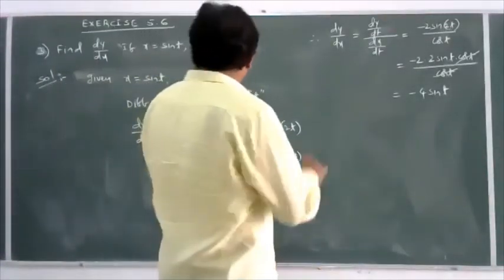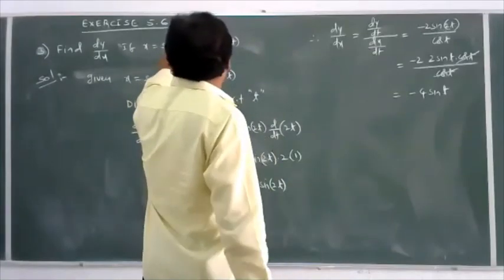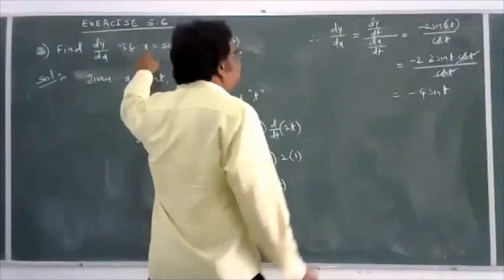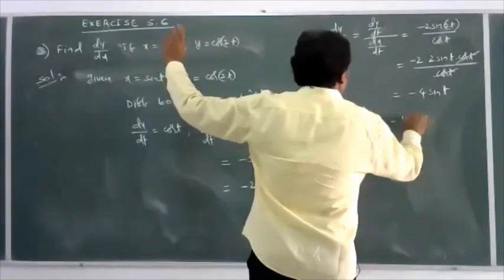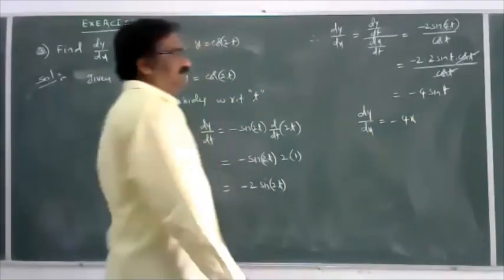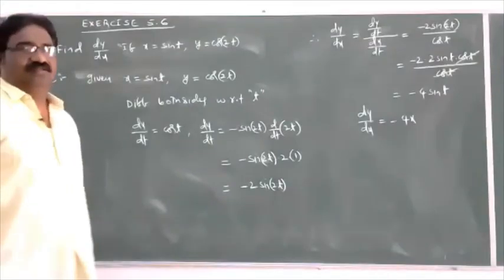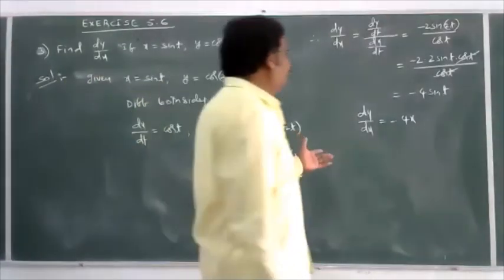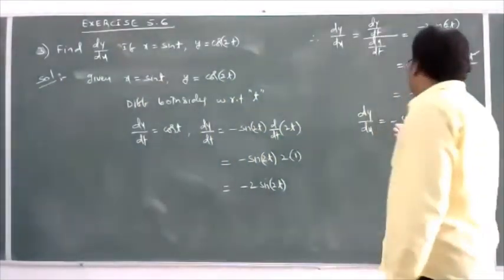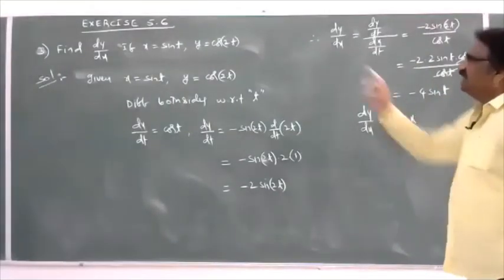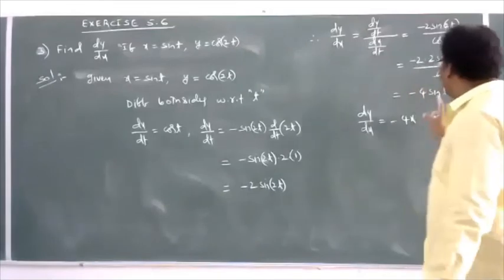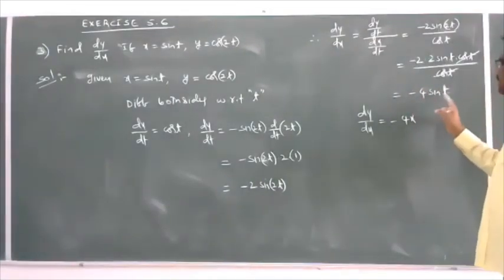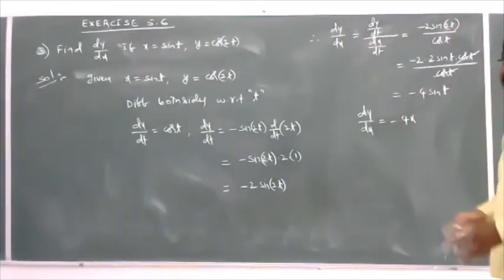For example, if you want to simplify again, what is sin t here? x. That's why you can write dy by dx is equal to minus 4x. In objective questions, the answer may be given in terms of minus 4x. The problem gives sin t is equal to x, so minus 4 sin t becomes minus 4x.